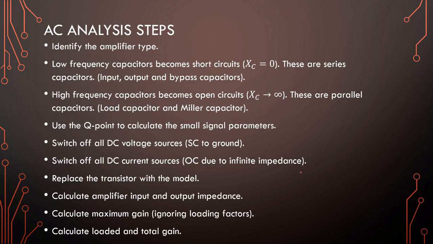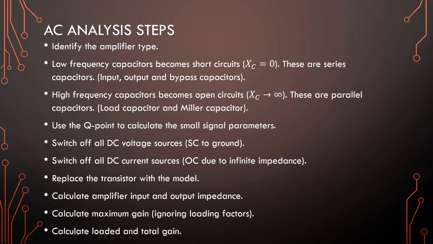Alright, for the AC analysis, the best thing to do first is to identify the amplifier type. That way you know what to expect and what you are actually dealing with. If you know the equations roughly, identifying the amplifier is the first thing to do.